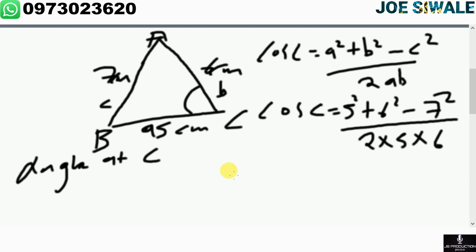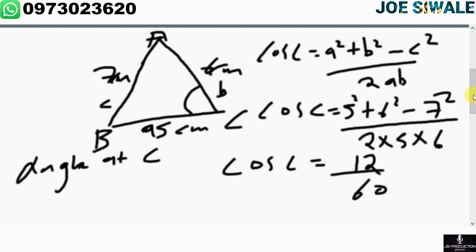So cos C is equal to, if you punch on the calculator, 5 squared plus 6 squared minus 7 squared, that is going to give you 12. So this is 12 divided by, if you punch on the calculator, 2 multiplied by 5 multiplied by 6, that's 60. To calculate the value of C here, you can say the inverse of cos.